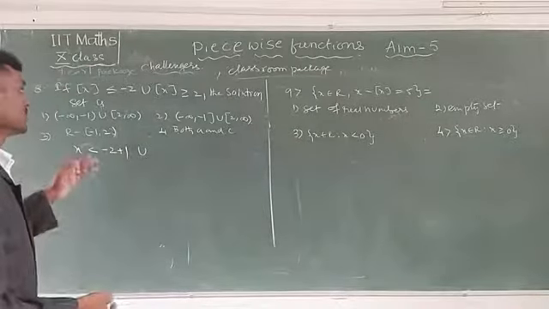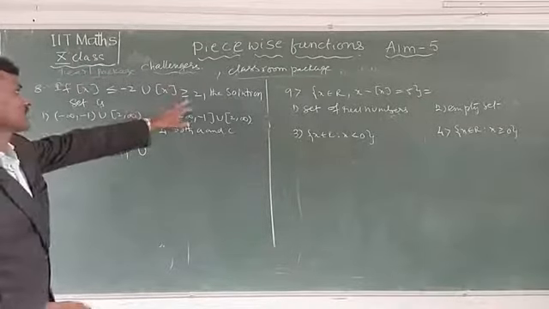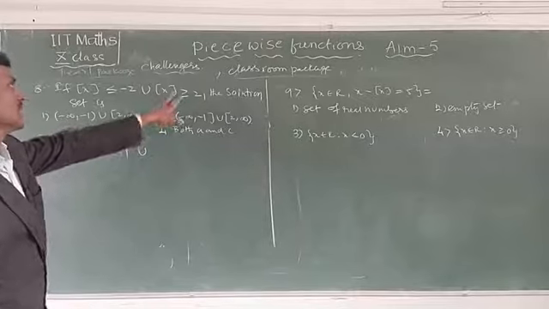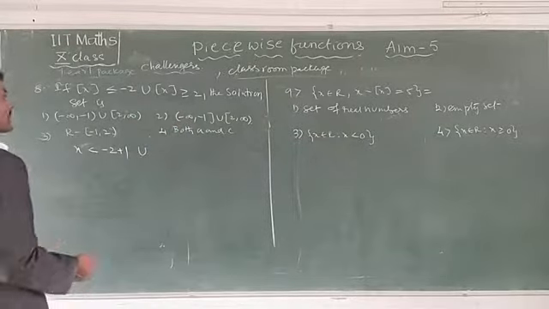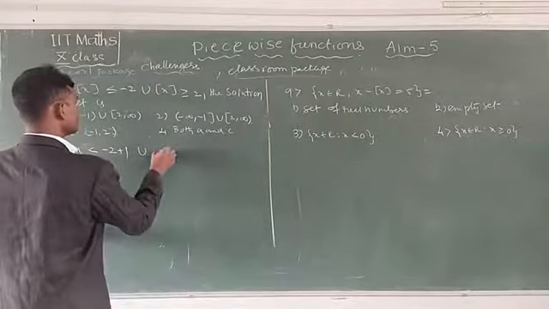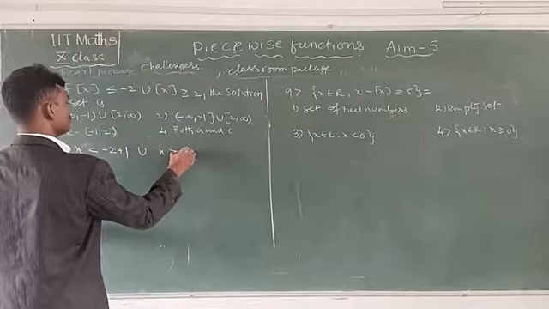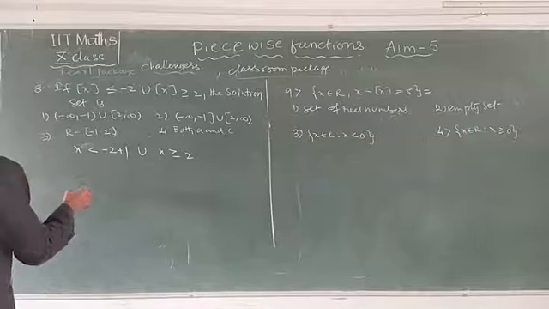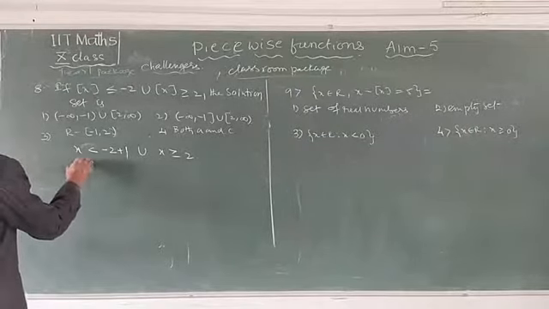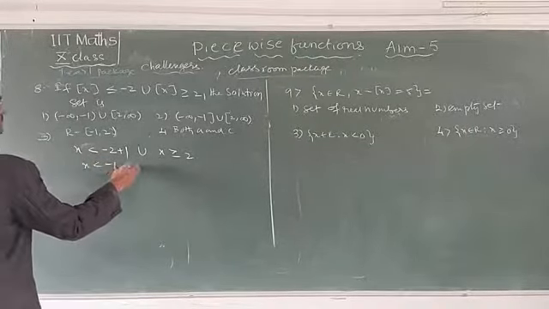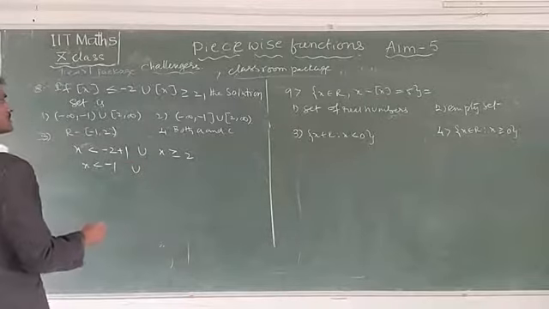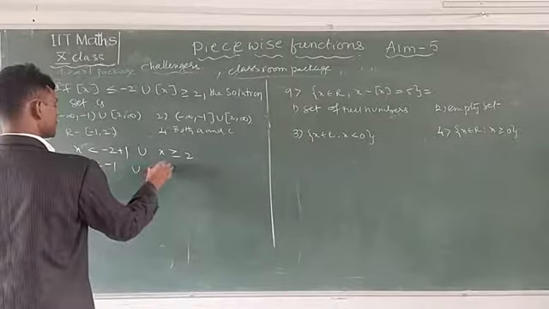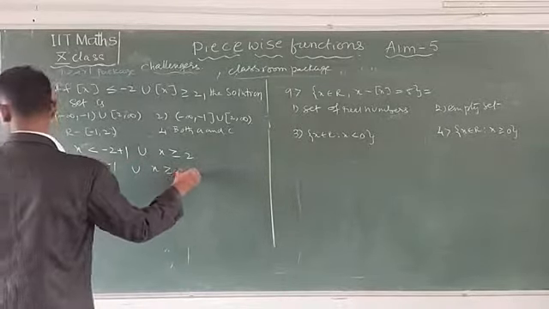Then you can write [x] is greater than or equal to 2 means x is greater than or equal to 2 only. Now this is written as x is less than minus 1 union x is greater than or equal to 2.